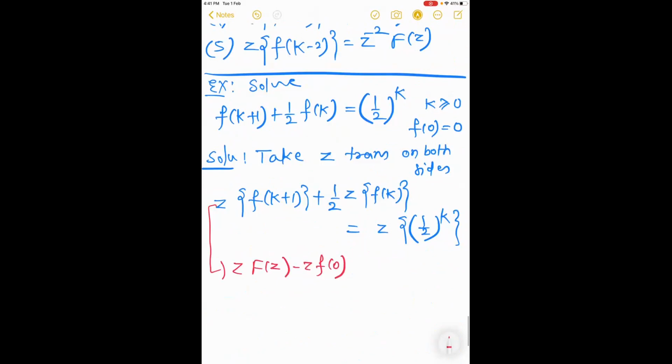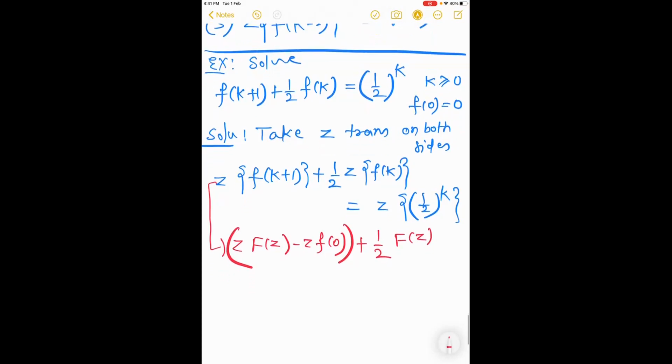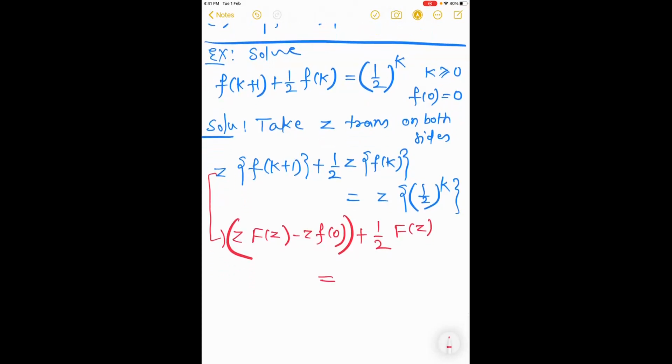That is the first term, plus half of Z transform of f of k, which is F of z. And on the right hand side, what should I write? The transform of half raised to k for k greater than or equal to 0.